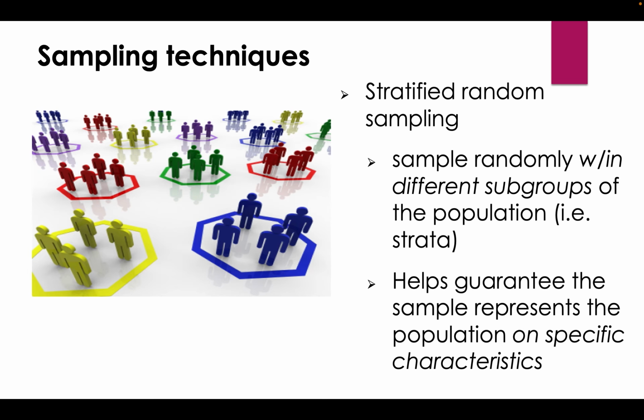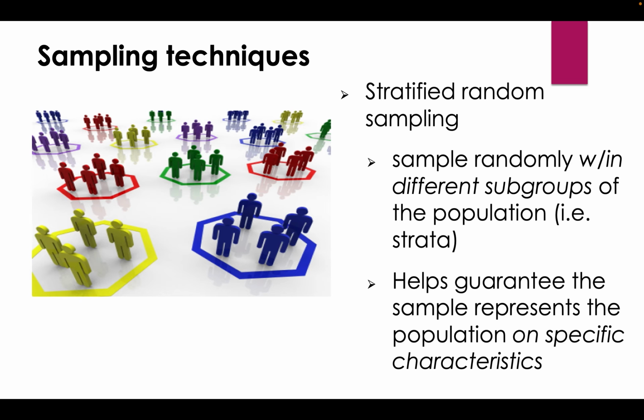So you want to use sampling techniques that allow us to get a population sample that is representative of just that, the population. So typically we use stratified random sampling. So this is sampling randomly within different subgroups of the population, and that's where the strata comes from. And this helps guarantee that the sample represents the specific population on specific characteristics.